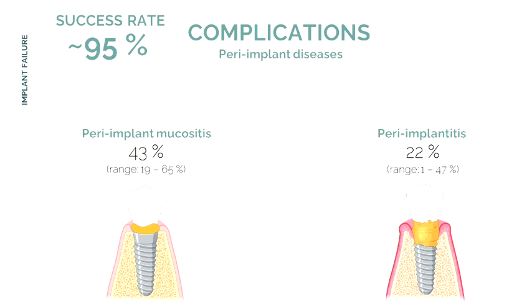Both of them are of bacterial origin, and peri-implant mucositis affects approximately 43% of the patients, and it only affects the gingiva above the implant.